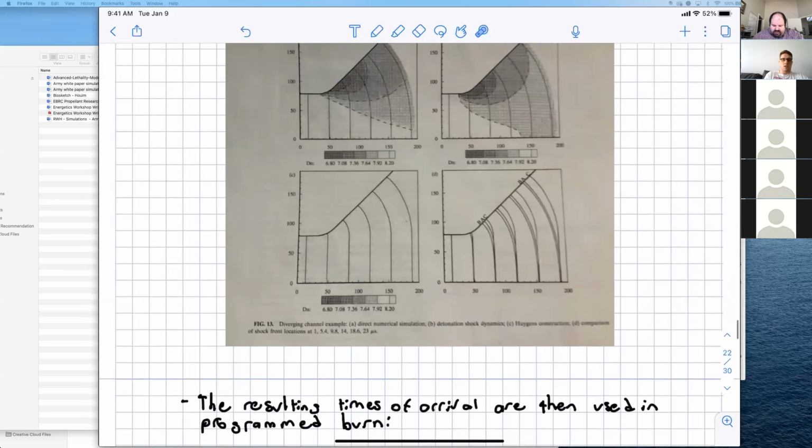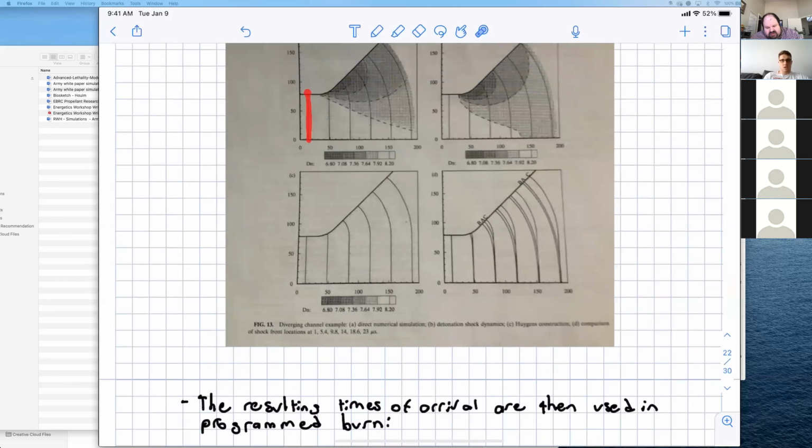So say here is the initial detonation location. What we do is propagate the surface of the detonation using detonation shock dynamics, for say 0.1 microseconds.